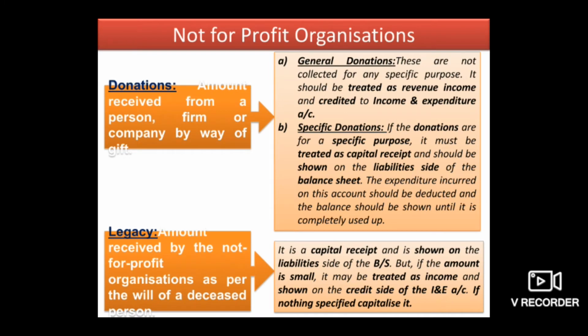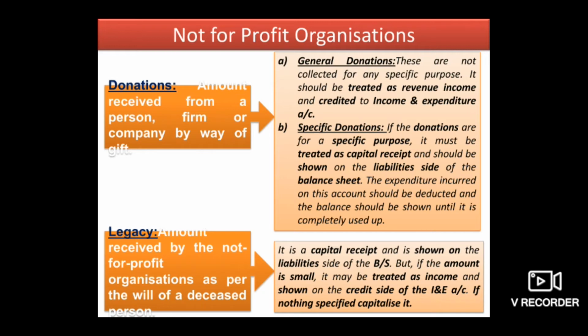Then donations. Donation is an amount received from a person or a firm or a company by way of gift. And donation has two parts, general donation and specific donation. If it is a general donation, it is not collected for any specific purpose. It should be treated as revenue income and credited to income and expenditure account.